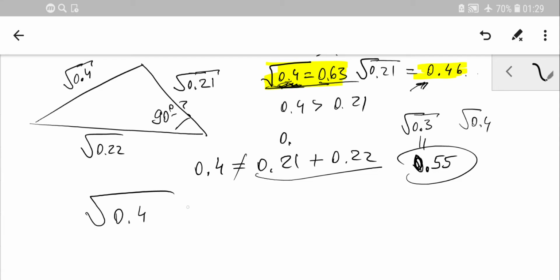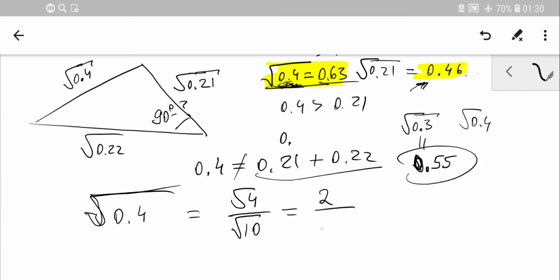So 0.4, and we're actually taking the square root of it. So if you consider the square root of 4 over the square root of 10, because yes, we're eligible to do that, convert into an ordinary fraction. So let's see what's happening. We diminish the value of the numerator, okay, it's 2, while we also do the same with the denominator.